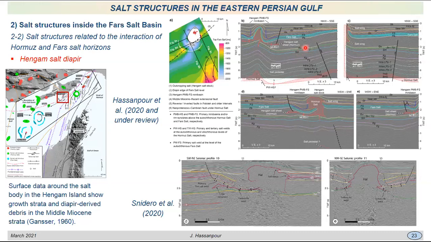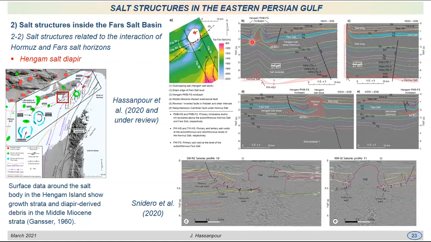So even if the Fars is thinner compared to the central part, it shows evidence of flow, but it doesn't show any evidence of ring salt structures around the central diapir, as we saw them in the Abu Musa and Greater Tomb area, but here in the case of the Hengam, we don't see them.